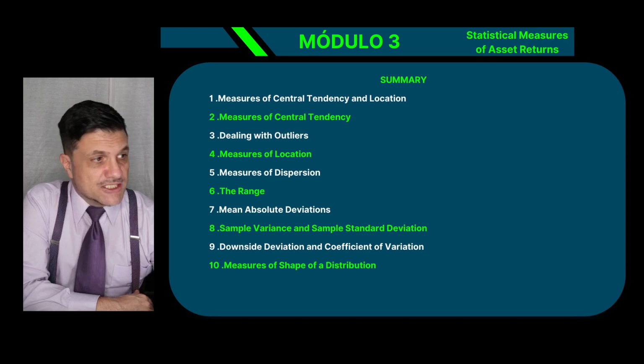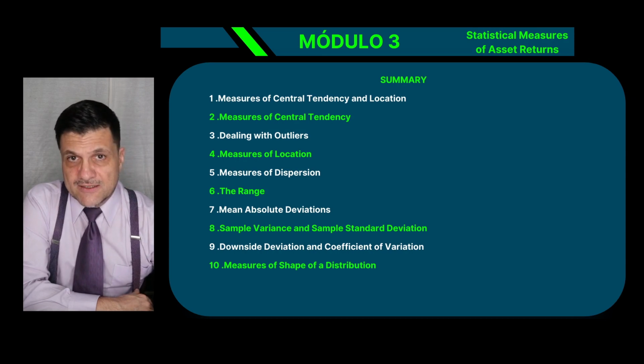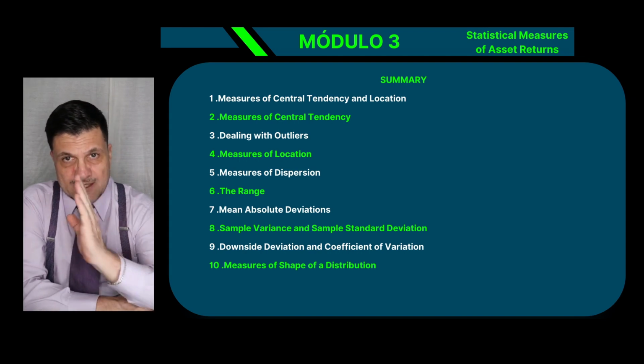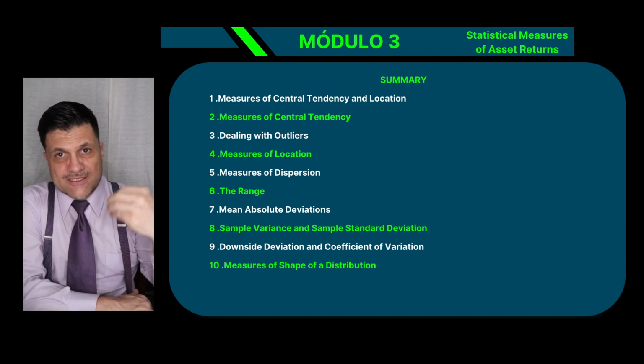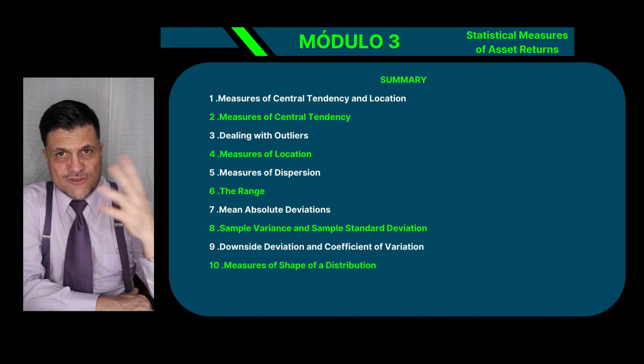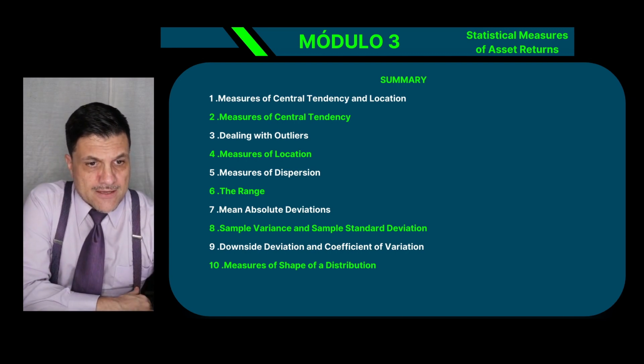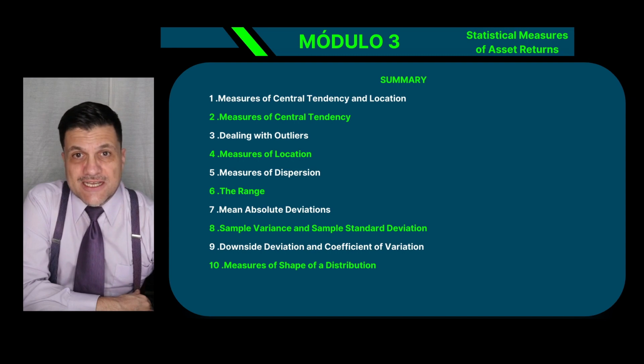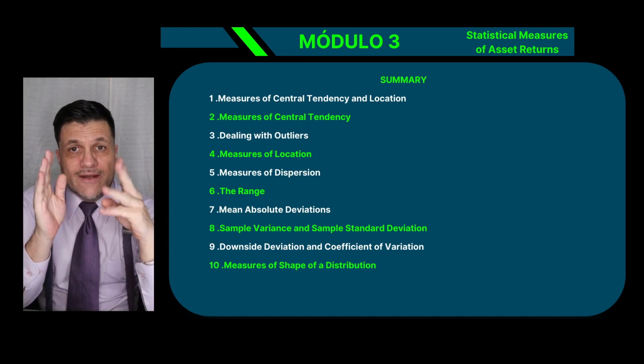Measures of location: mean, median, and mode. That's exactly where the location is, what percentage of the data is to the left, to the right, things like that. The range is an interval, from something to something. So where is the mean?